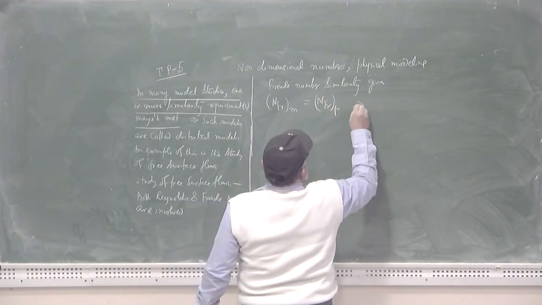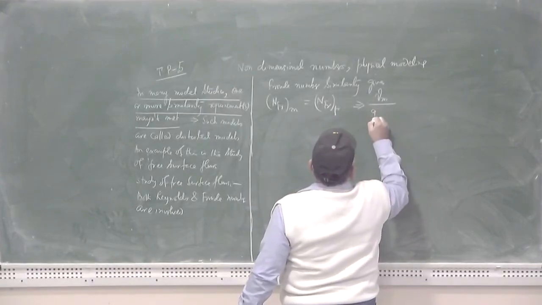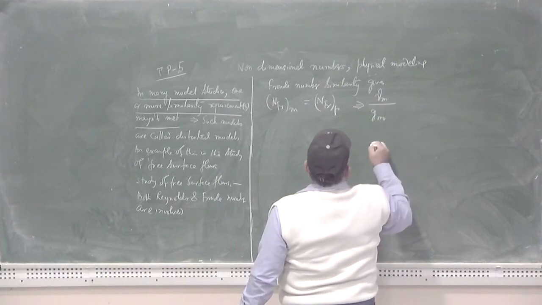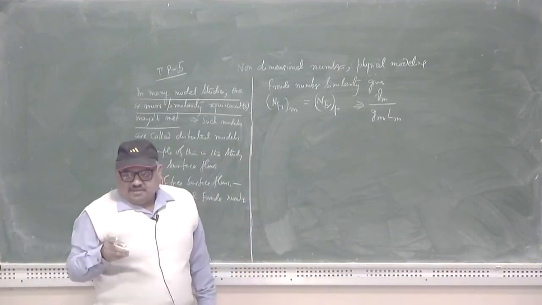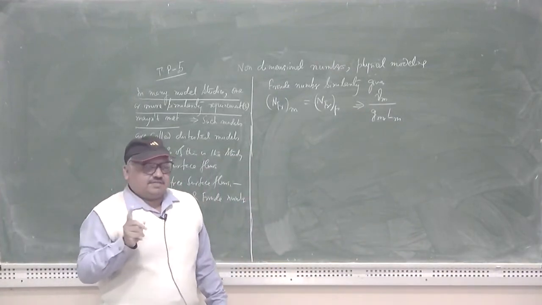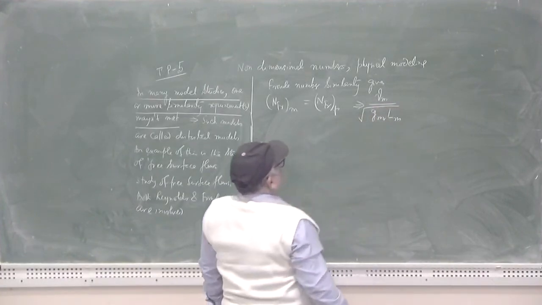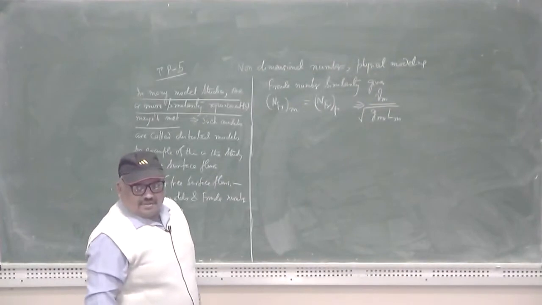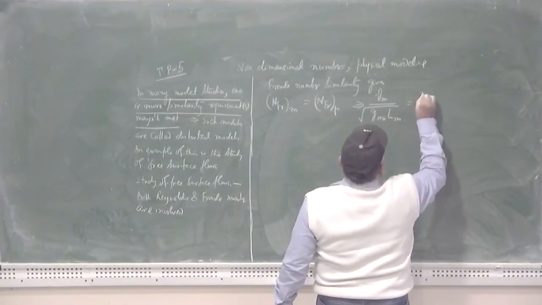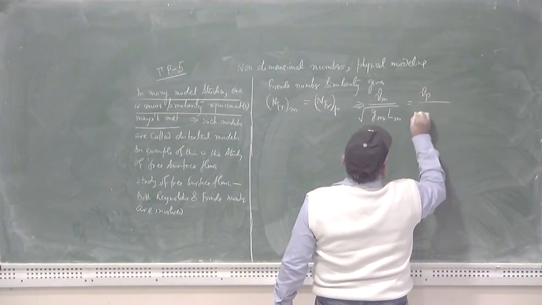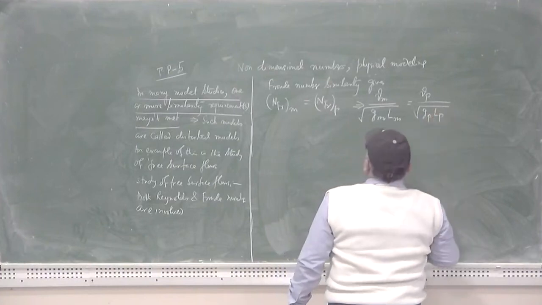That means Vm divided by under root Gm Lm, where the characteristic dimension is L, should be equal to the velocity in the prototype divided by under root Gp Lp.